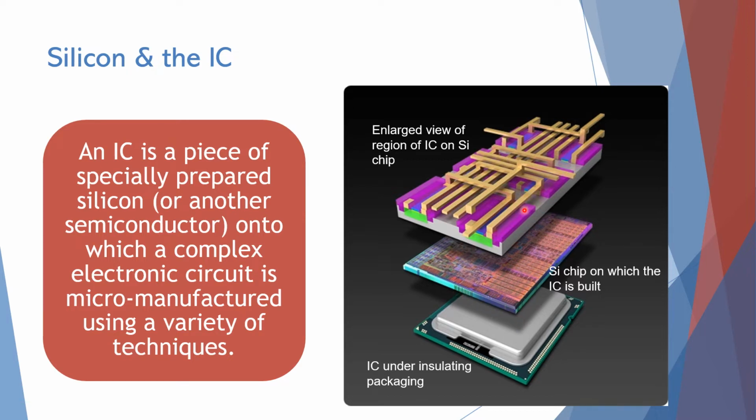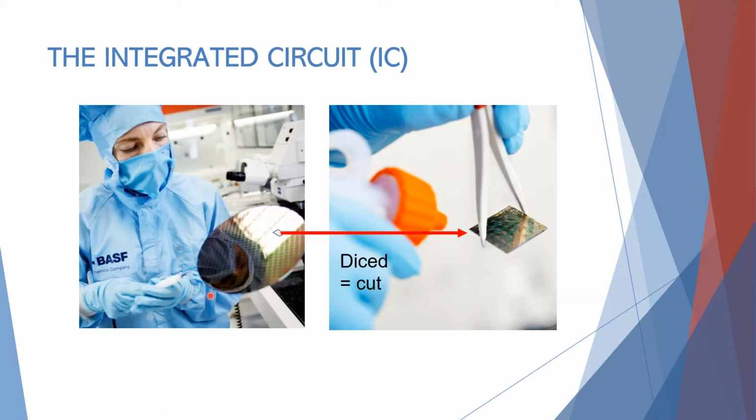If we enlarge the view of the chip, the integrated circuit here, inside there are complicated circuits that have a lot of functions, like diode, transistor, capacitor, and a lot more printed on that silicon chip. The picture here shows the silicon being printed with the integrated circuit.